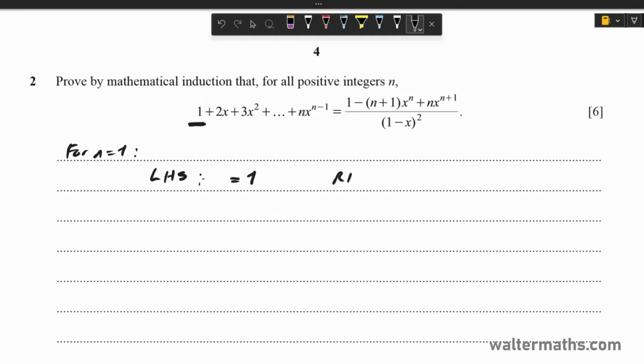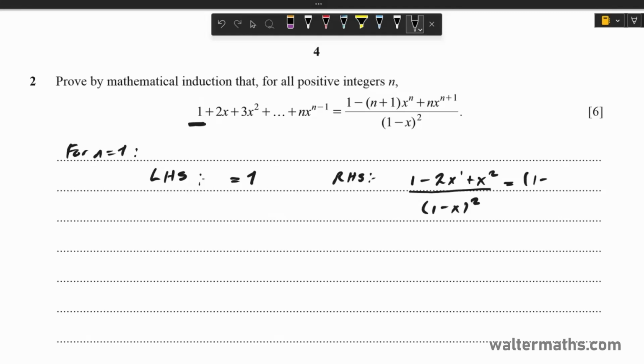The right hand side will be 1 minus 1 plus 1, which is 2x to the 1 plus 1x to the, so that's going to be x squared, and that's going to be over 1 minus x squared. All right. Now, this is the same as, if you can see, 1 minus 2x plus x squared is actually a perfect square.